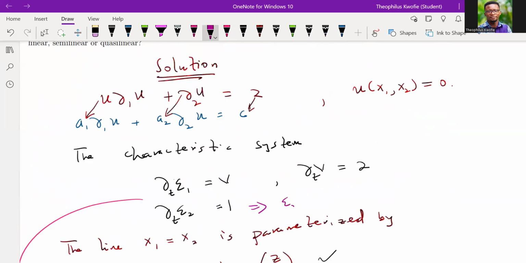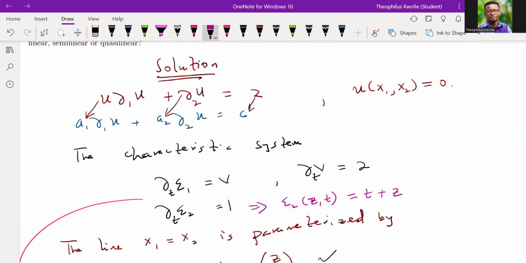So your xi2 of z, t will be what? Who can give me the answer? Your xi2 will be t plus some constant, what?